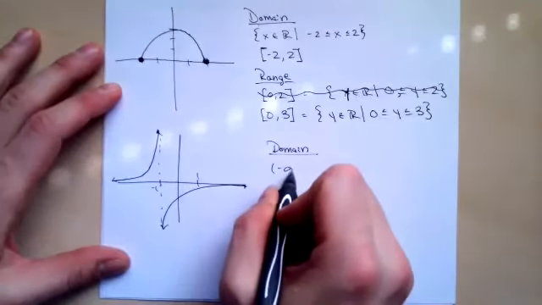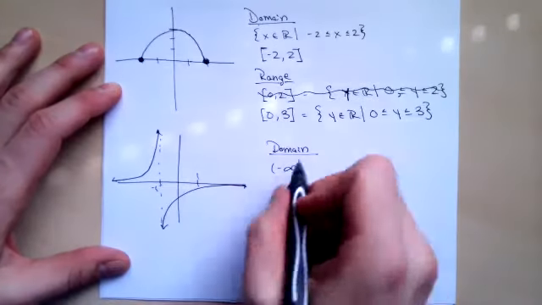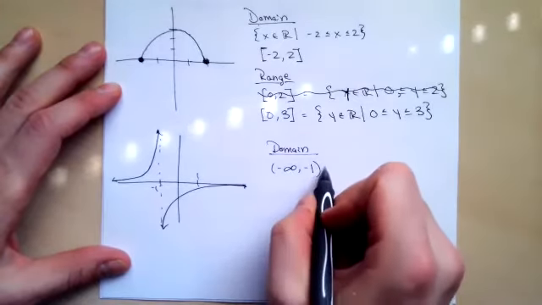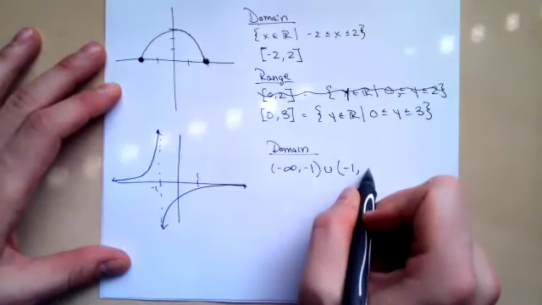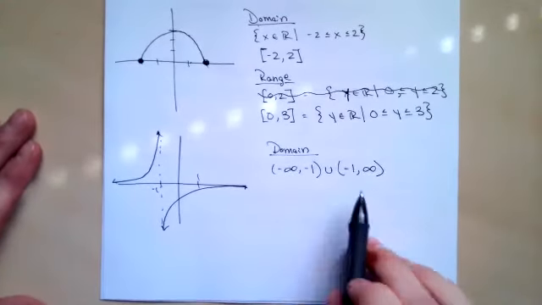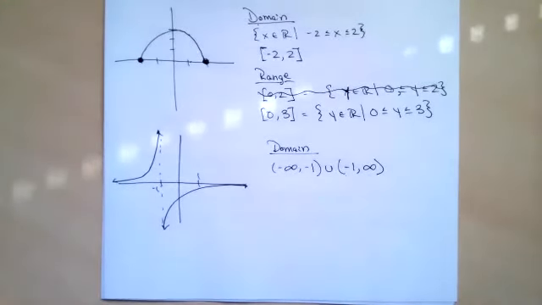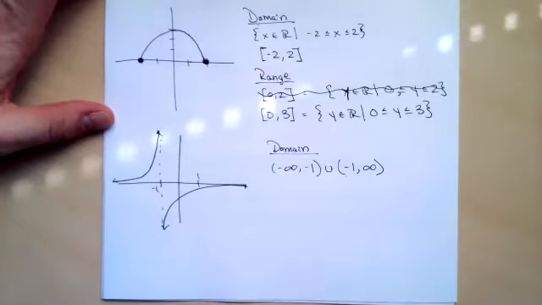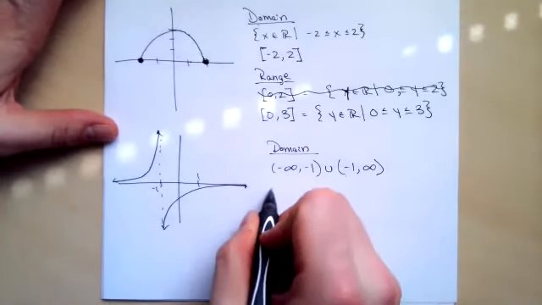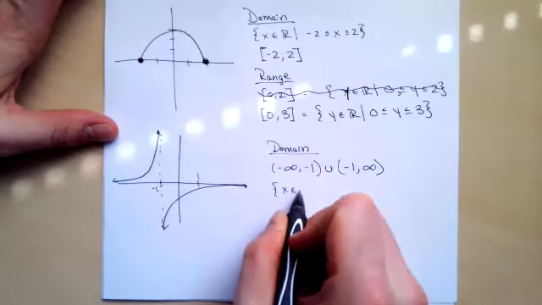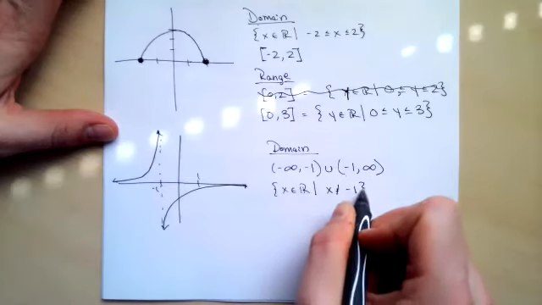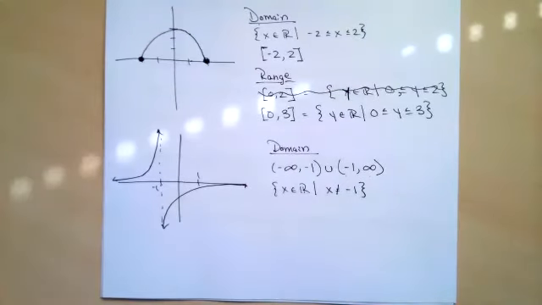So our domain's going to start at minus infinity. It's going to go all the way up to -1, but not hit -1. And then it's going to start immediately after -1 and go off to infinity. So you have to write it as a union of two separate intervals. Set notation for these is a little bit easier, because in this case, we simply have all real numbers, except where x cannot be -1.